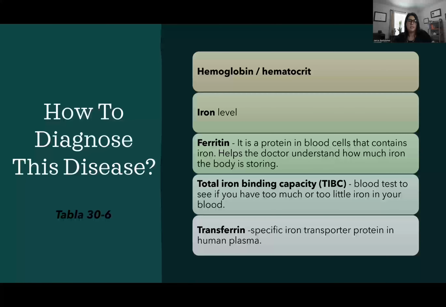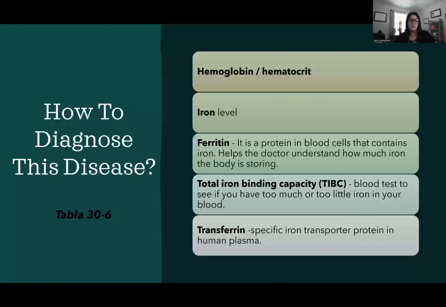So ferritin is a protein in the blood cells that basically contains iron, so it helps the doctor understand how much iron the body is storing. The TIBC is a blood test to see how much or how little iron is in your blood. So they're similar, but they tell the doctor different things.